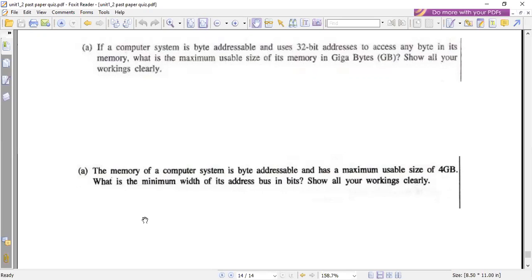What is the minimum width of its address bus, in bits?